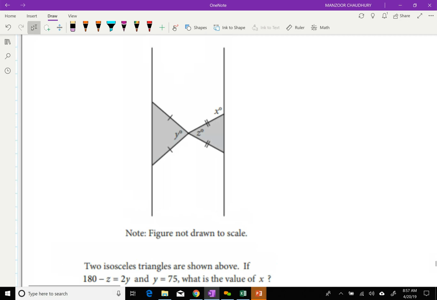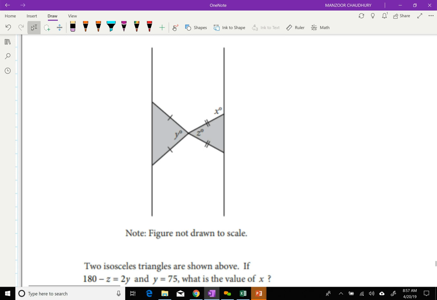If 180 minus z equals 2y, what is the value of x? Okay, so 180 minus z equals 150.